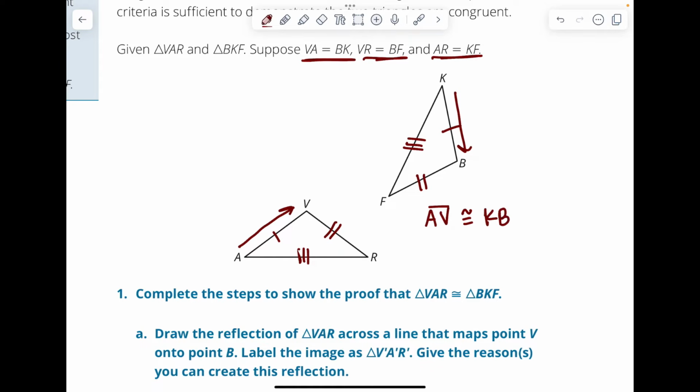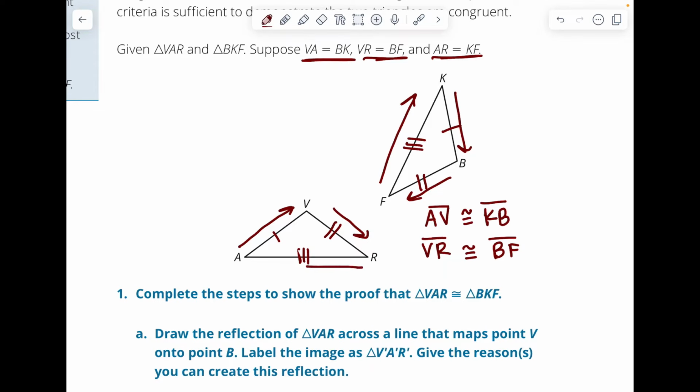Well, it should be in the same order. And then VR is congruent to, so V to R, B to F. I'm using the arrows just to figure out what order I need to go in. And then RA is congruent to FK. So that's all the sides, and then the angles.